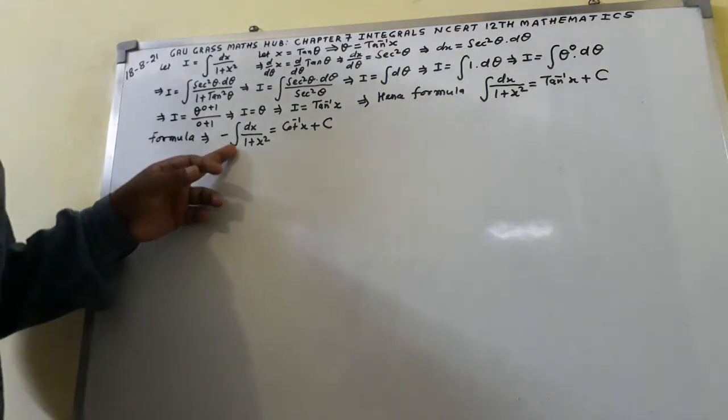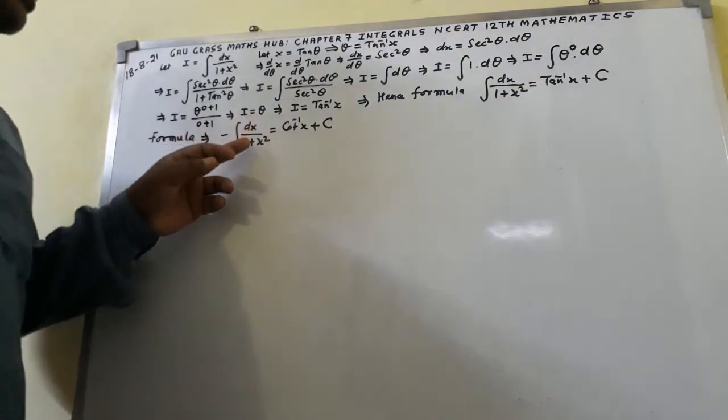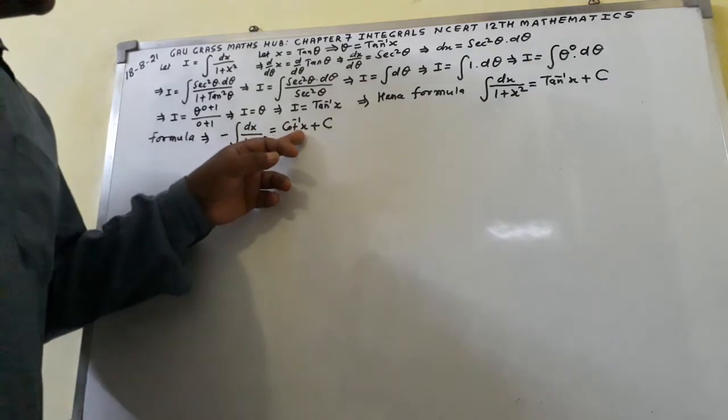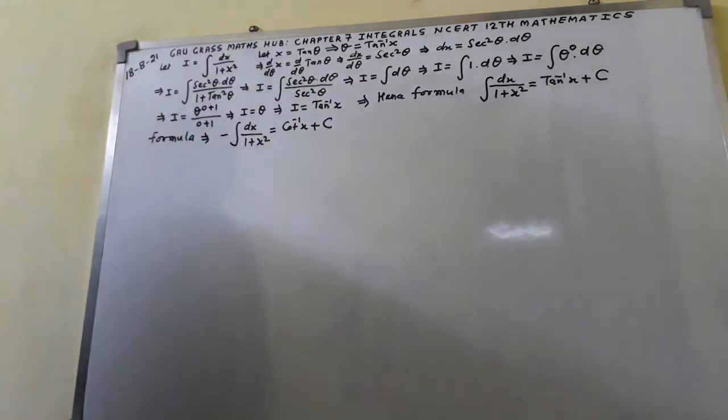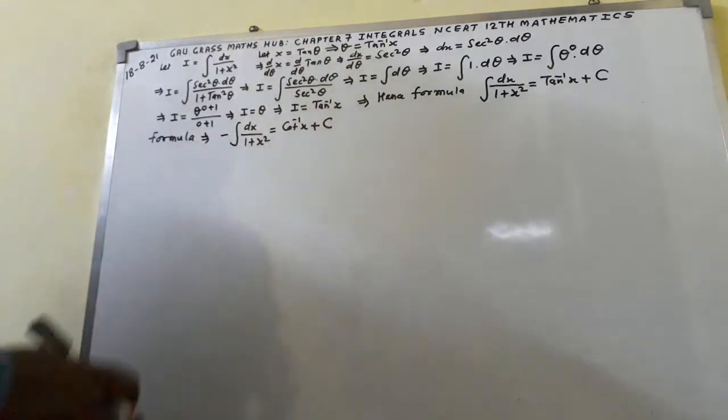Minus integral dx over 1 plus x square equals cot inverse x plus c. This thing we have got. Now I shall discuss another formula.